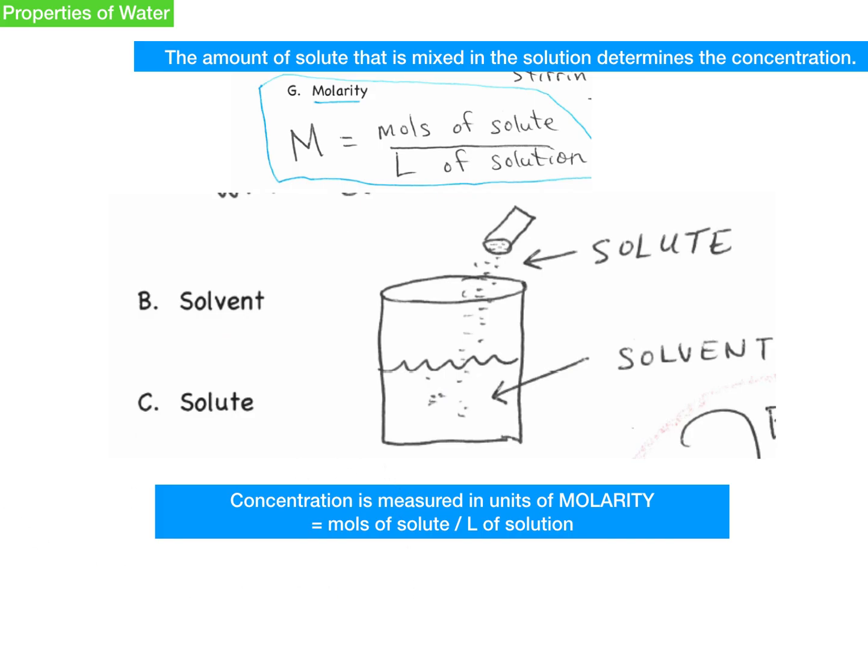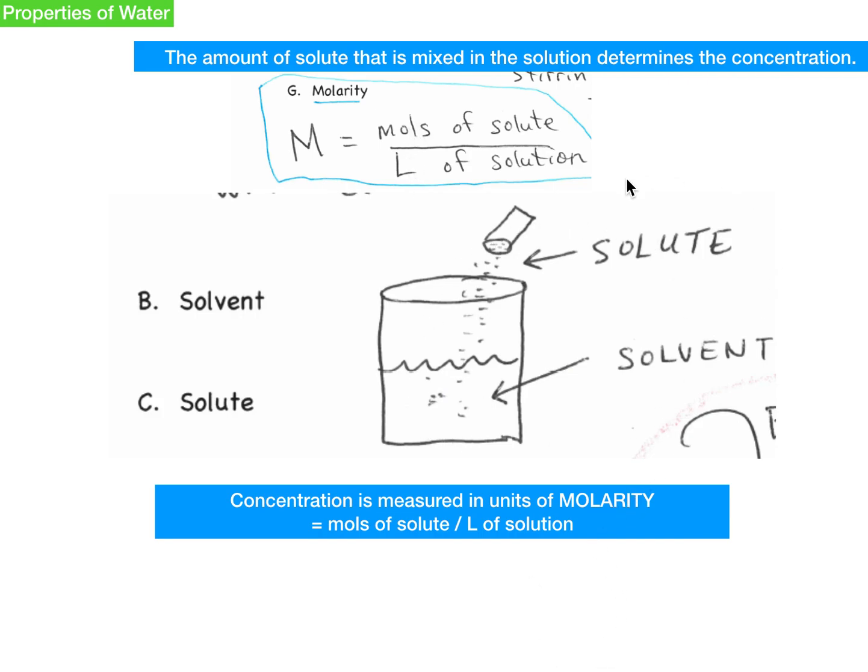Now, how much stuff you can actually dump in, how much solute you can get into your solution, is a measure of how concentrated it is. Now, we will measure concentration in units called molarity. Molarity is the moles you dump in divided by the liters of solution. So moles divided by liters is molarity.